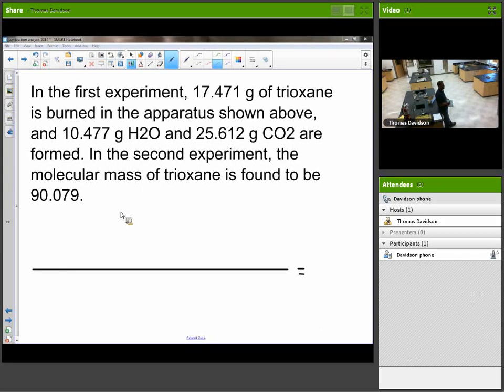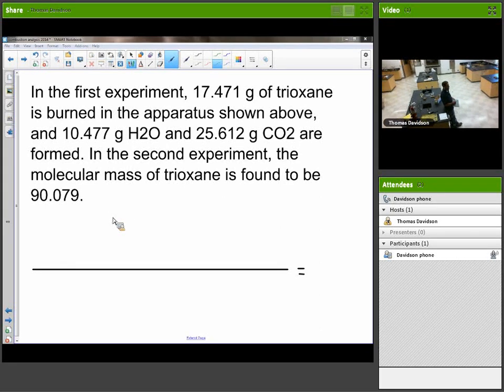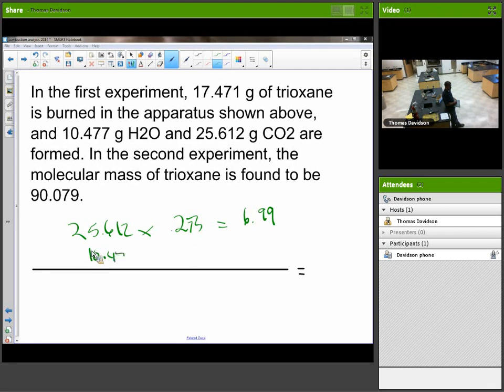All right. What I mean by the short way is I did 25.612 times 0.273. That's 3, with the 7 in the middle of them. And I got a value of 6.99. Then I took the other one, 10.477, and I multiplied it by 0.111, and I got 1.164. Is that right?